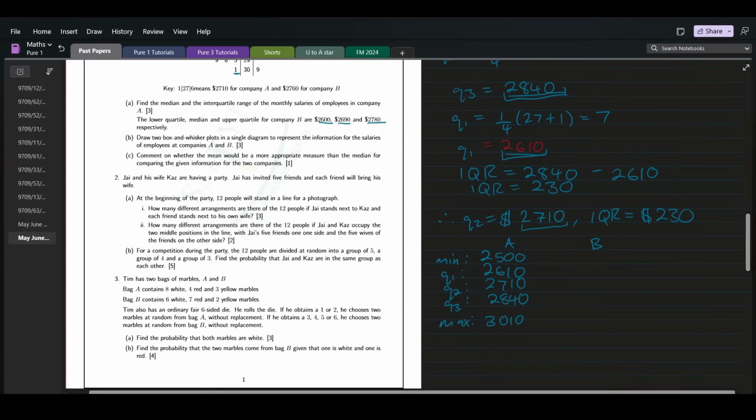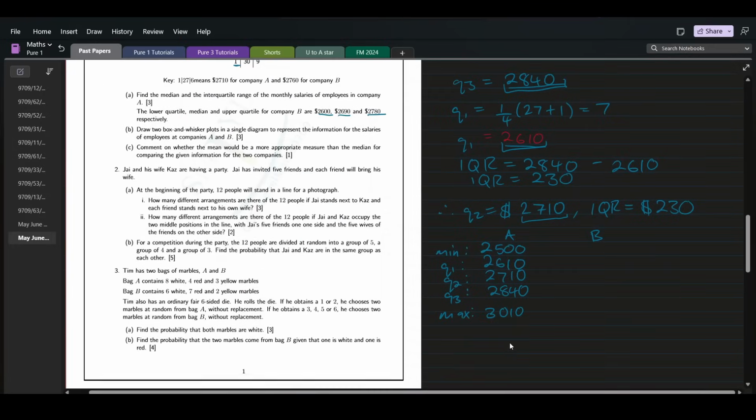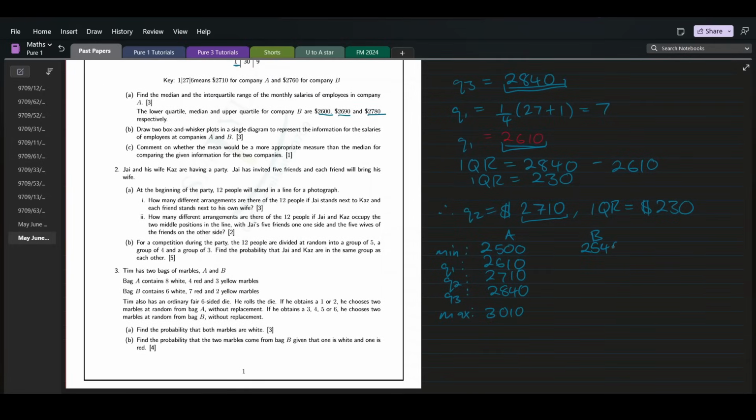So the minimum value, let's go find that from our stem and leaf diagram. That's 2540. And then Q1, that's the lower quartile, we were given to be 2600, and then Q2 2690, and then we've got Q3 2780.